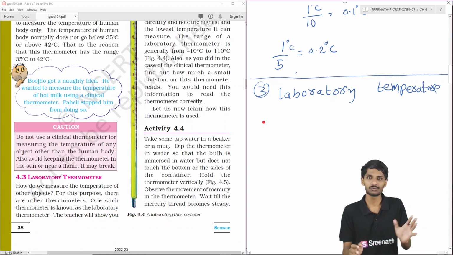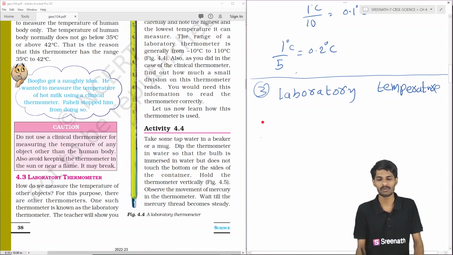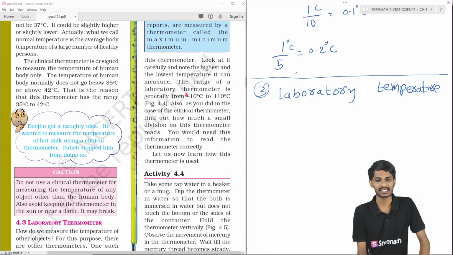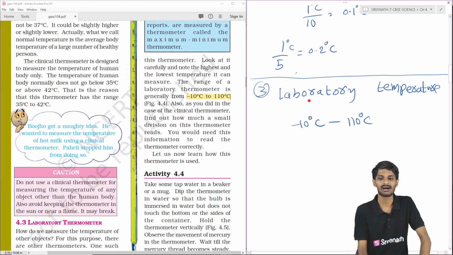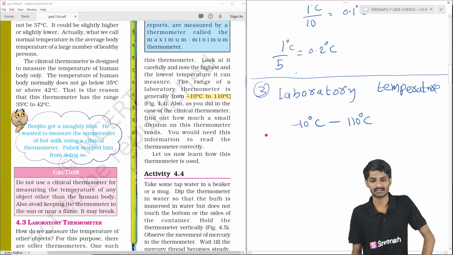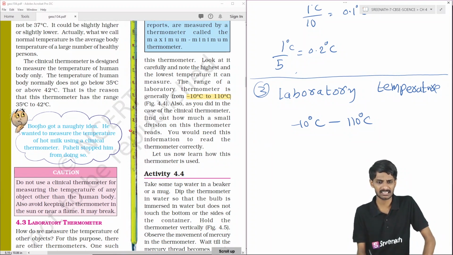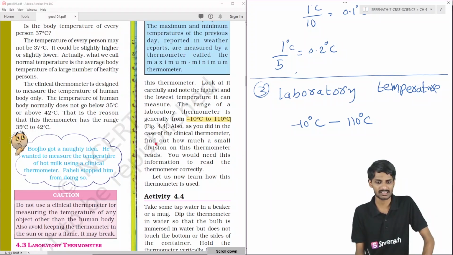Previously, using the clinical thermometer, you could measure between 35 degrees and 42 degrees. But using this laboratory thermometer, you can measure from minus 10 degrees Celsius to 110 degrees Celsius, students. It looks like this.